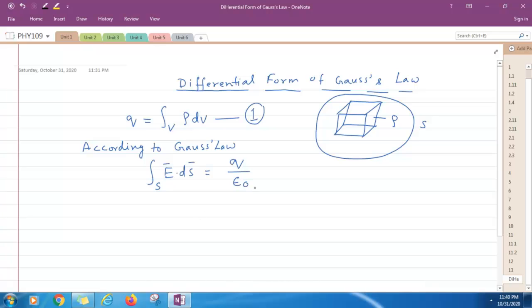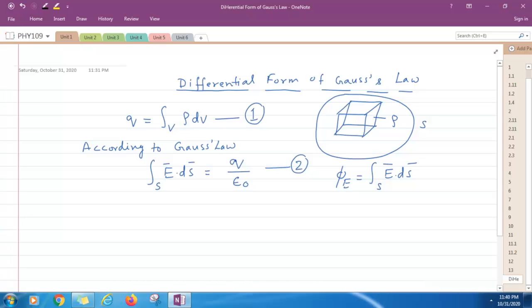What is epsilon naught? Epsilon naught is the permittivity of the free space. Let's suppose this is equation number 2. What is this E dot ds? E dot ds is electrical flux, that is phi E. Surface integration E dot ds.